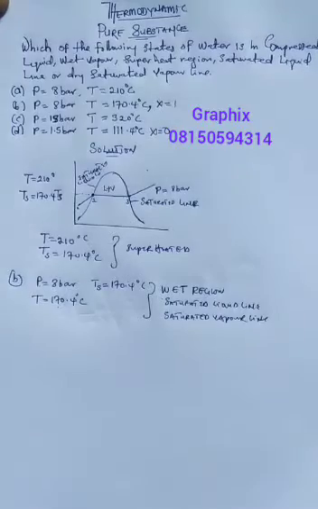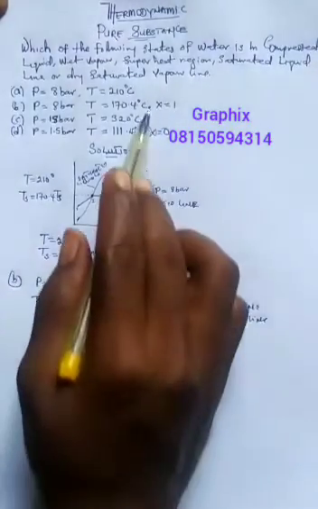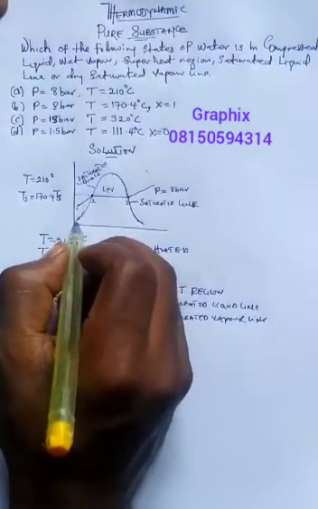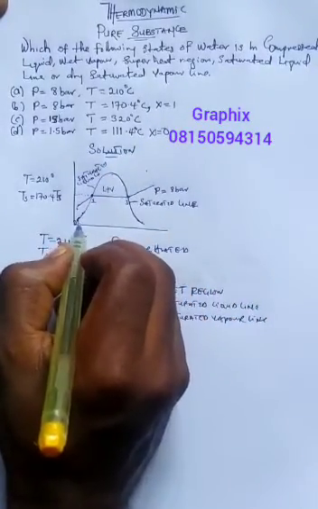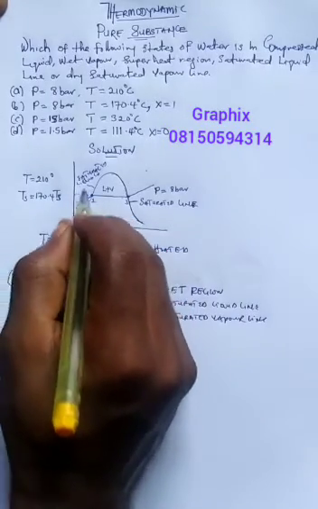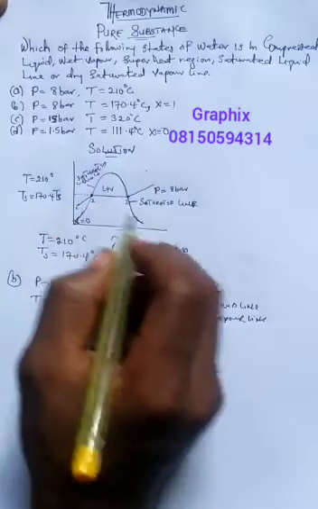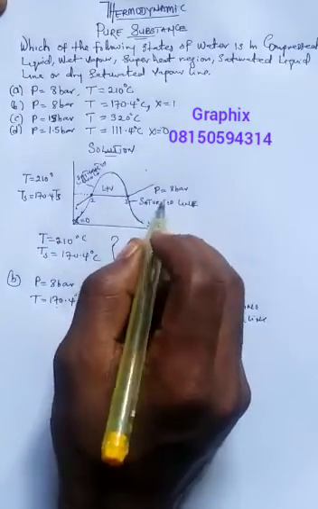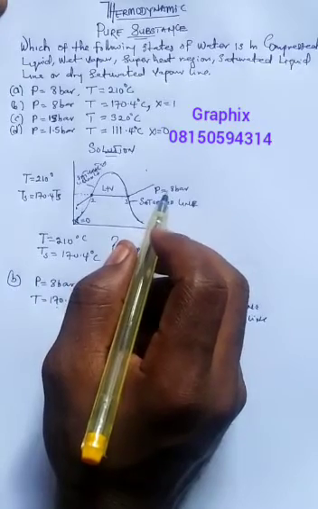Are we good? Now they also gave us our dryness fraction X equal to 1, and we should know that at this line here, our dryness fraction X is equal to 0, because this is pure liquid, compressed liquid. And at this region X is equal to 1, which is dry saturated vapor.